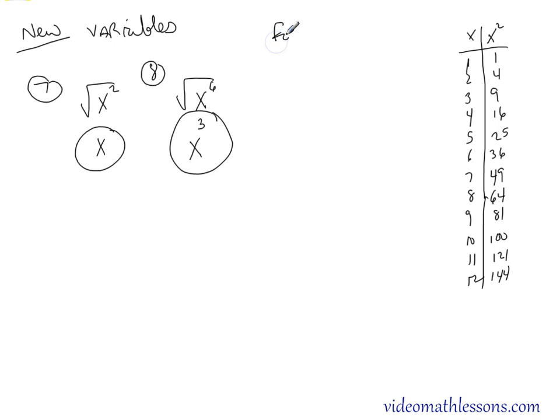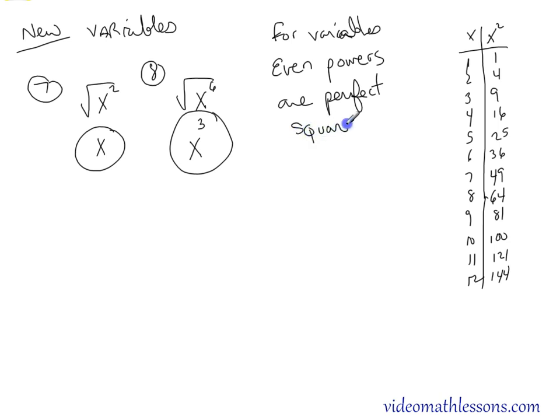Well, there's got to be something going on here, and there is. For variables, even powers are perfect squares. That's the trick with variables. Even powers are perfect squares. Well, then how do you do it?